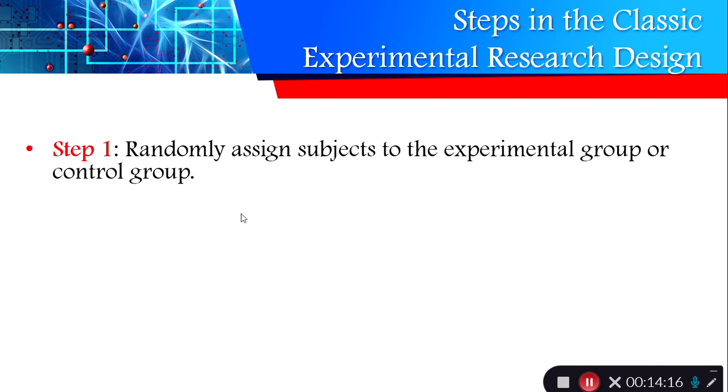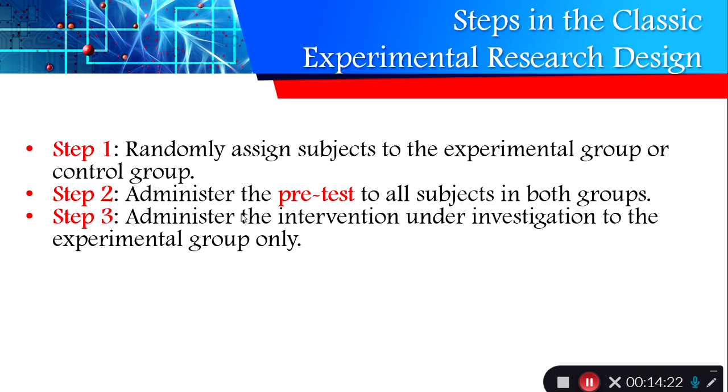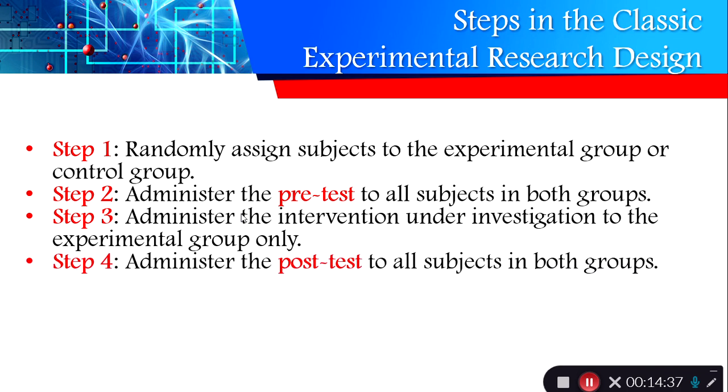So here are the steps just written out in words for the classic experimental research design. So in step 1, we would randomly assign subjects to the experimental group or control group. We would administer the pre-test to all subjects in both groups. And then we would administer the intervention under investigation to the experimental group only.